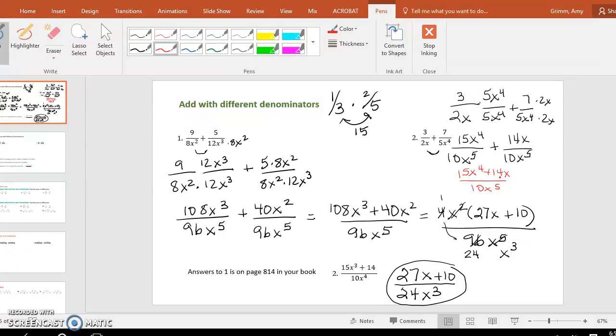Let's see here. I can pull out an x, I guess. So I pull out an x, and I'm left with 15x to the third plus 14 over 10x to the fifth, which means I can take off an x from here and an x from here, which brings it back down to this answer I put here. So 15x to the third plus 14 over 10x to the fourth.